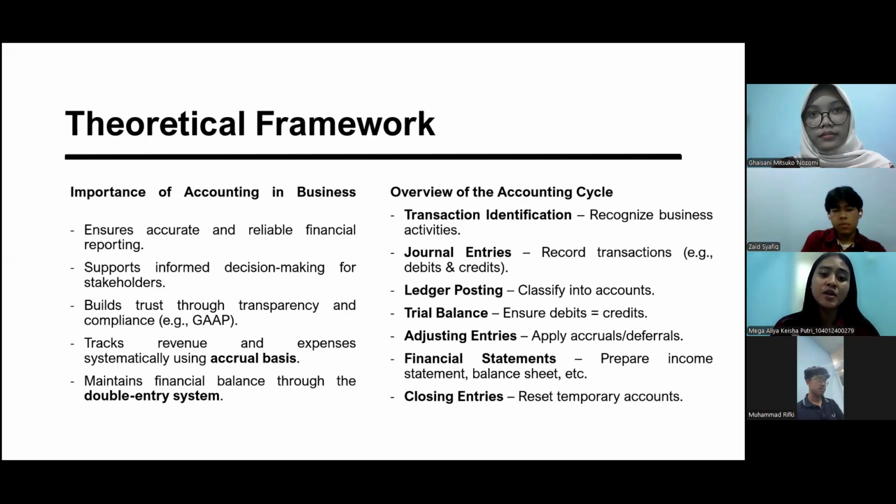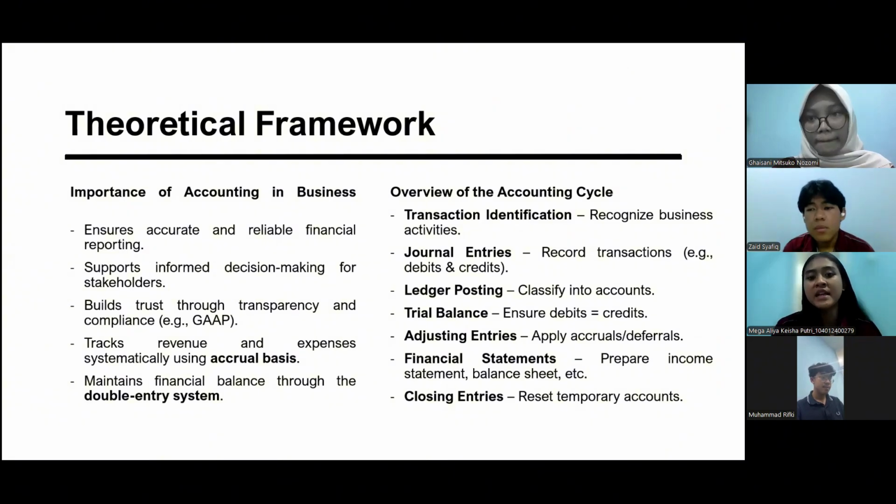Sometimes there are also adjustments at the end of the period, such as calculating unearned income or accrued expenses. From there, financial statements are prepared, such as the income statement and the balance sheet. Finally, the temporary accounts are closed so that they are ready for the next period.